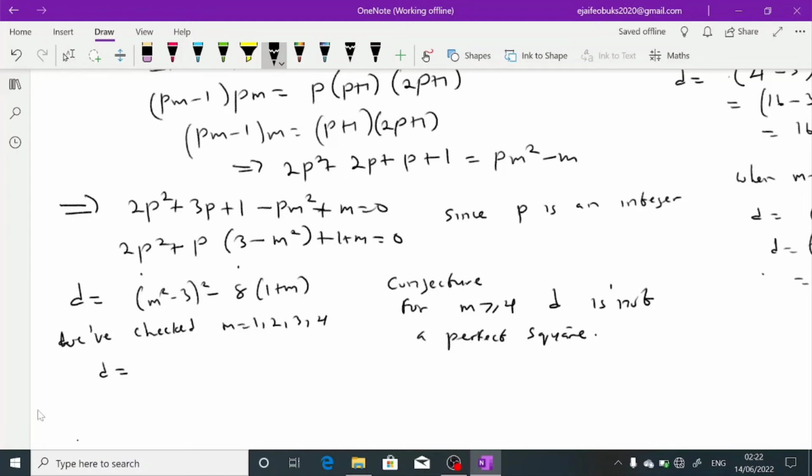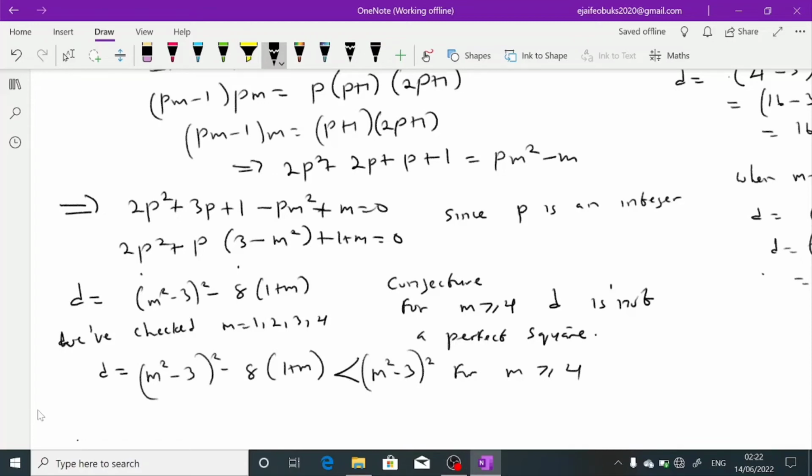Let's check. Okay, we know this. You can prove this by yourself. The proof is similar.